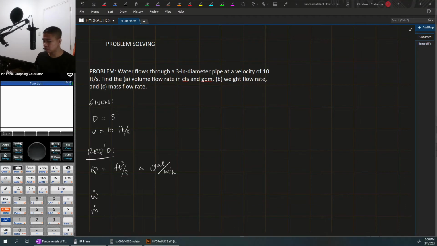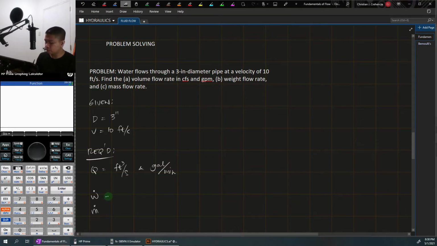Since this is English units, the weight flow rate is in pounds per second. And for the mass flow rate, dito natin gagamitin yung slugs per second. Okay.